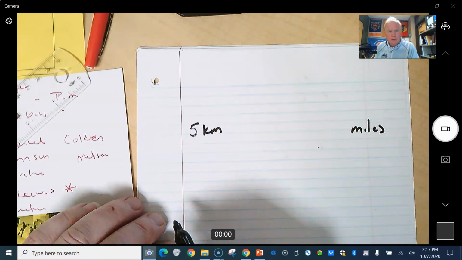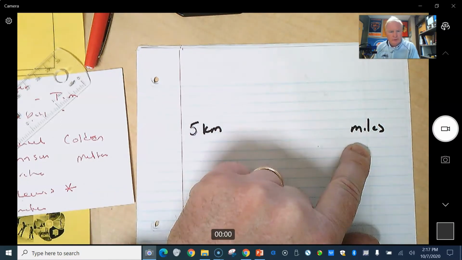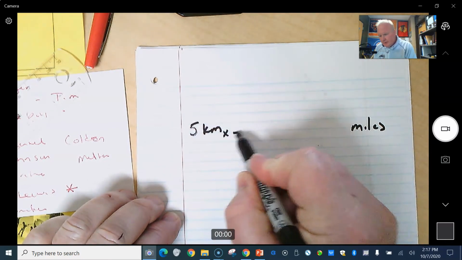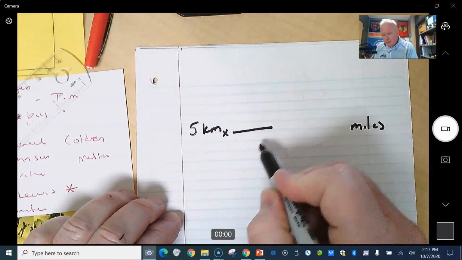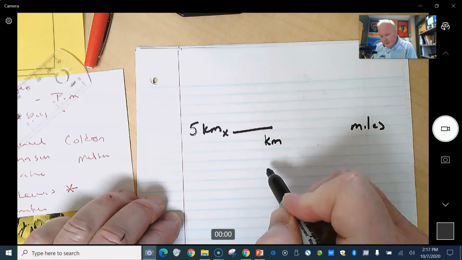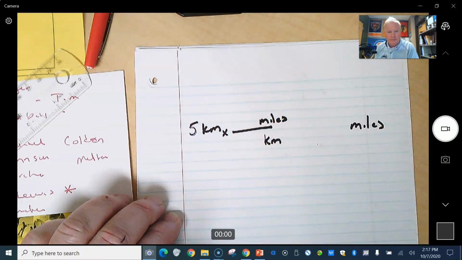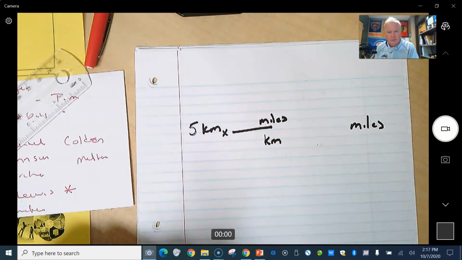All right? So we don't have to do anything, right? Our first step, we're going to write down our given, we'll write down our goal. We're going to build a conversion factor. We're going to put kilometers here because we want to get rid of it, and miles here because we want to go to it. So that's all the same, those first 4 steps.